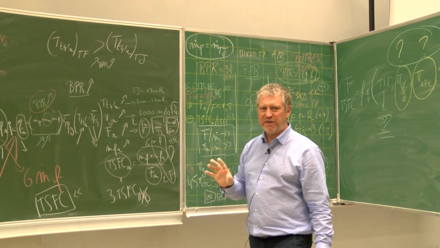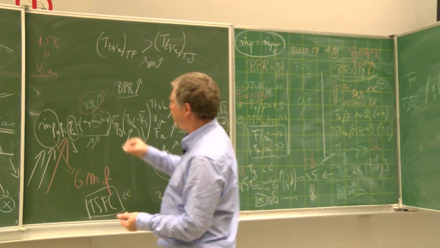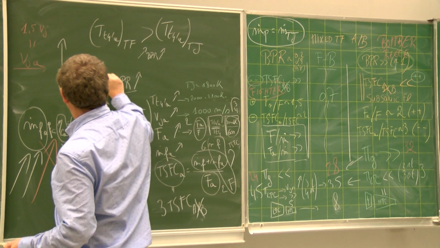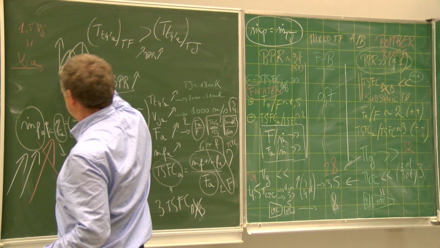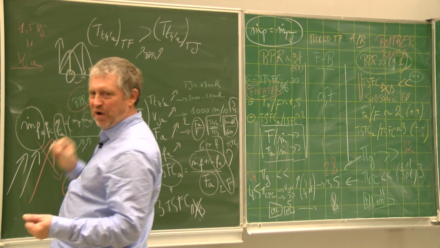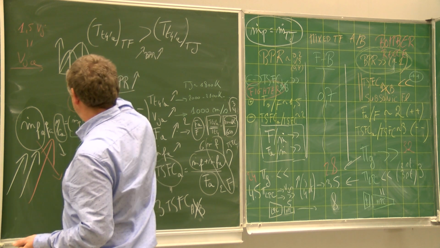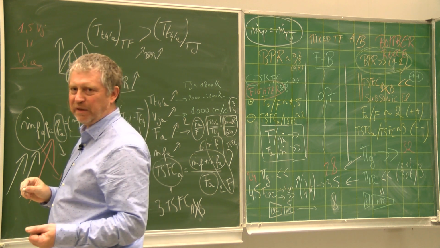I have said to you at the beginning with this curve, that if you optimize towards this direction, you will never optimize to this one. And if you optimize there, you will not optimize to this one.